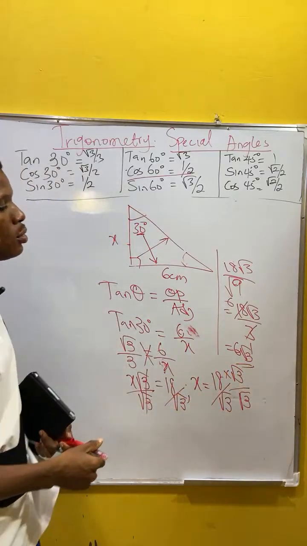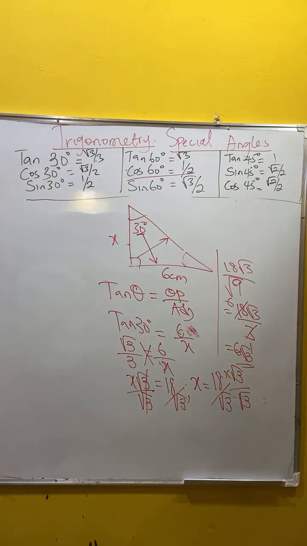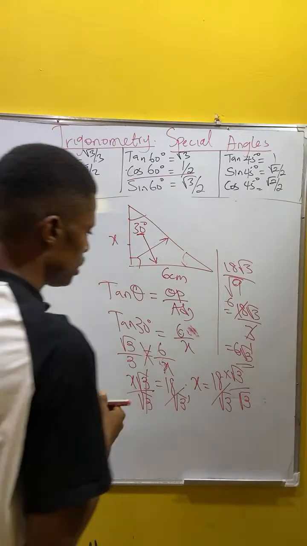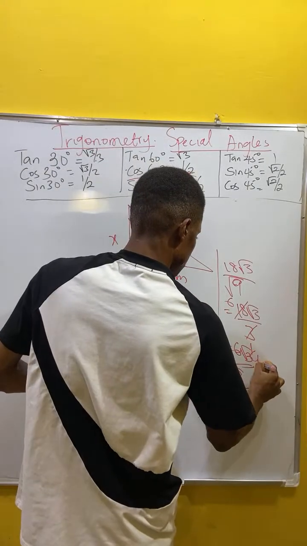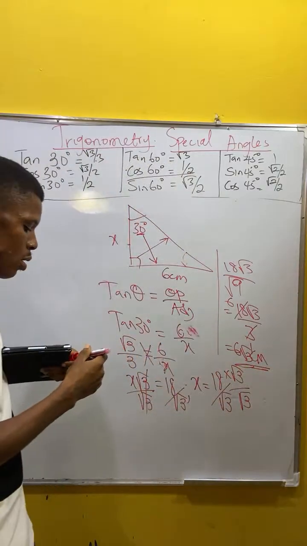So the answer to this particular missing side of the triangle is 6 root 3 centimeters. Remember, if you forget the unit, you get it wrong. So you have to put cm here.